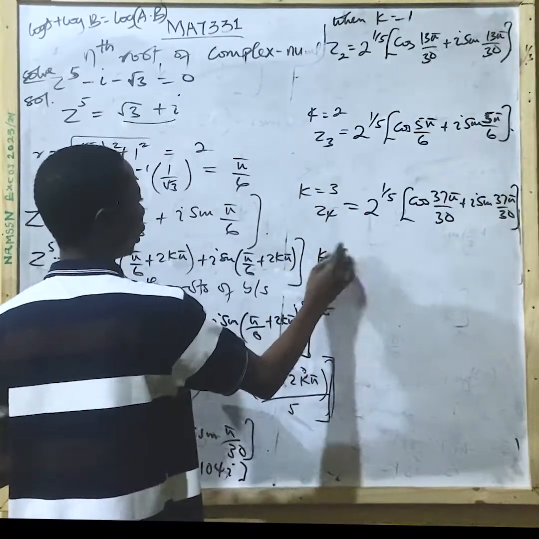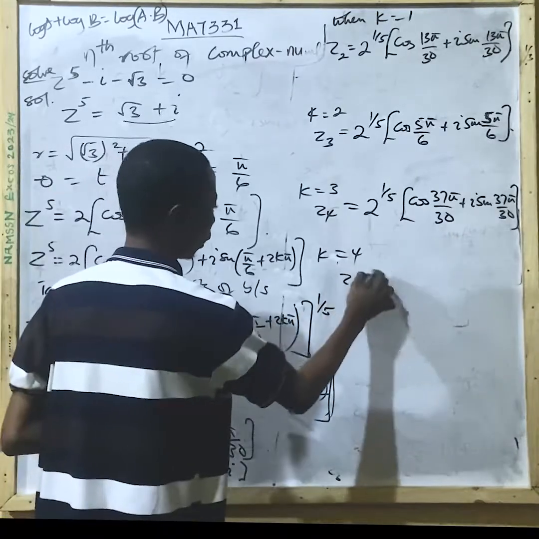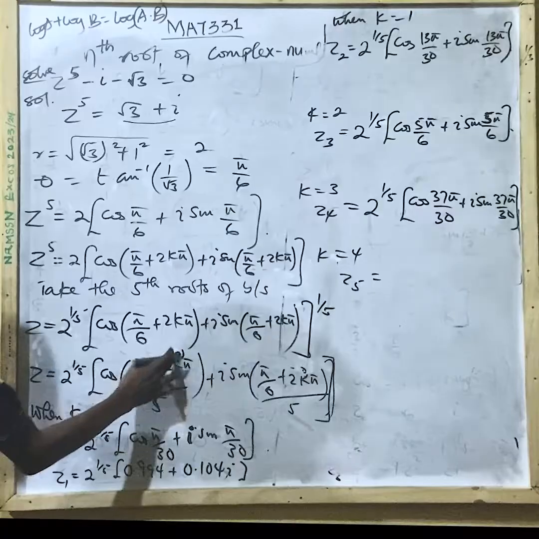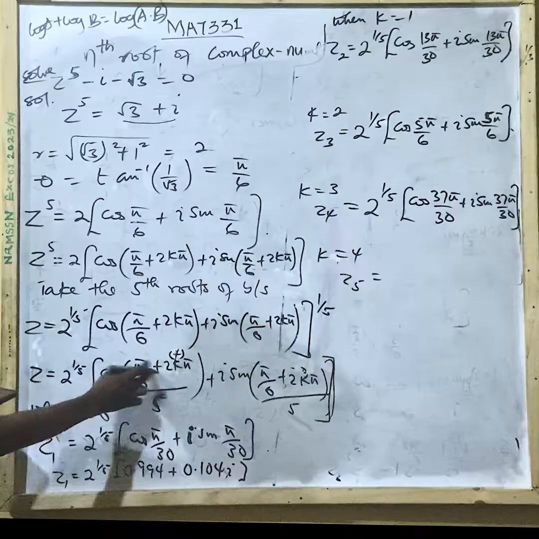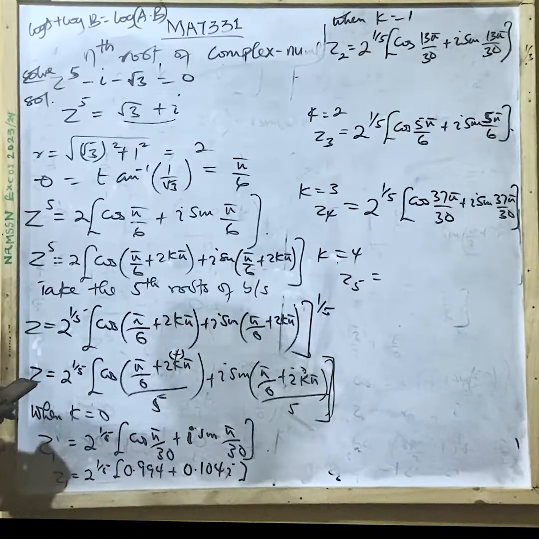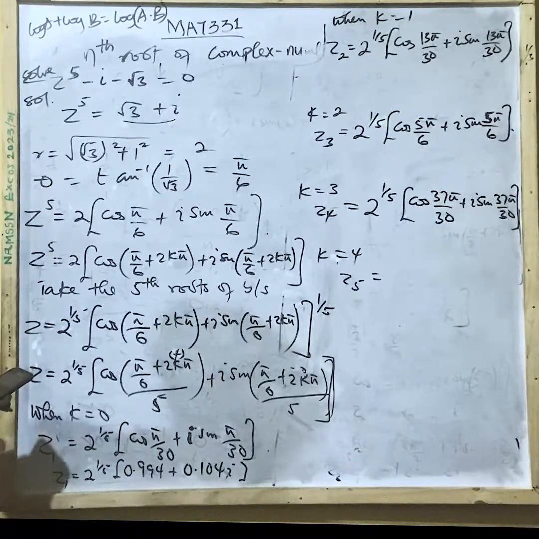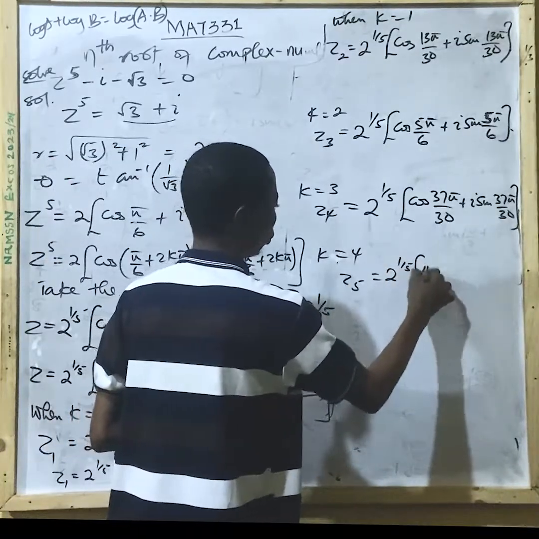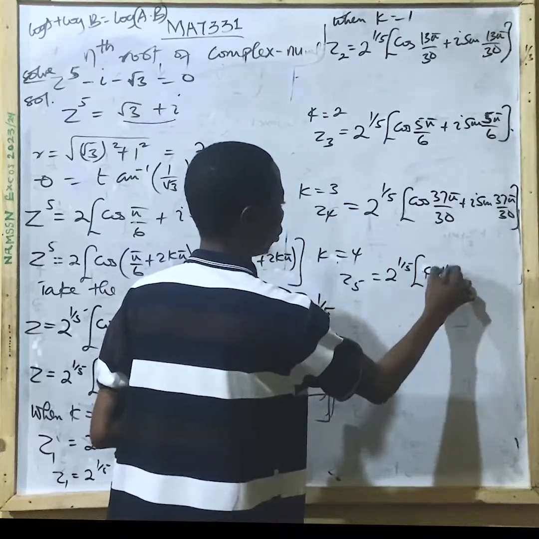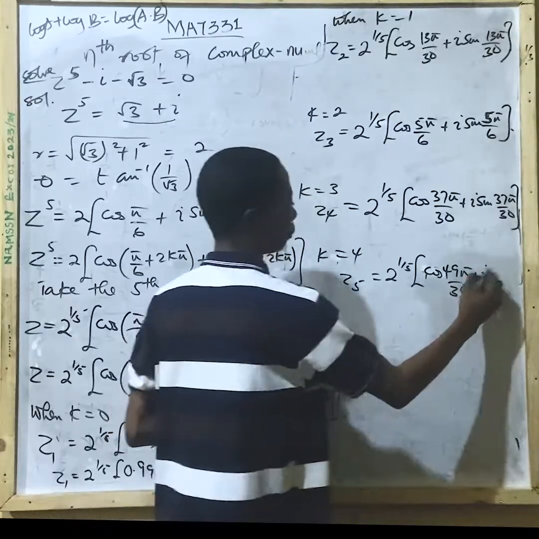Then the last one, when k equals 4, will give us z5. If I put k to be 4, 2 times 4 is 8, so we have pi over 6 plus 8 pi, divided by 5, that's 49 pi over 30.